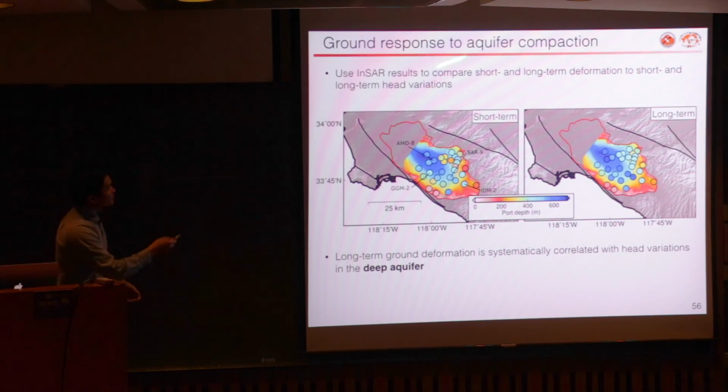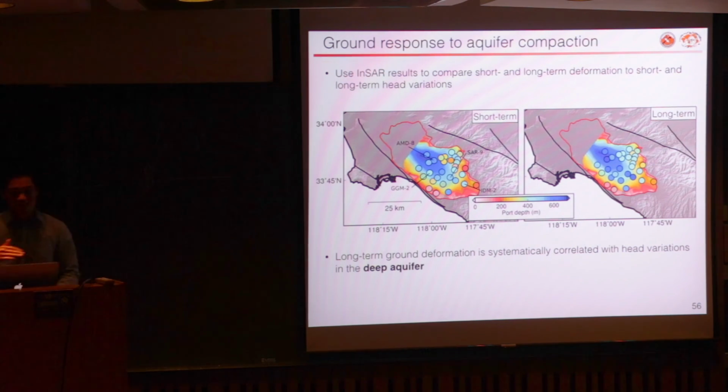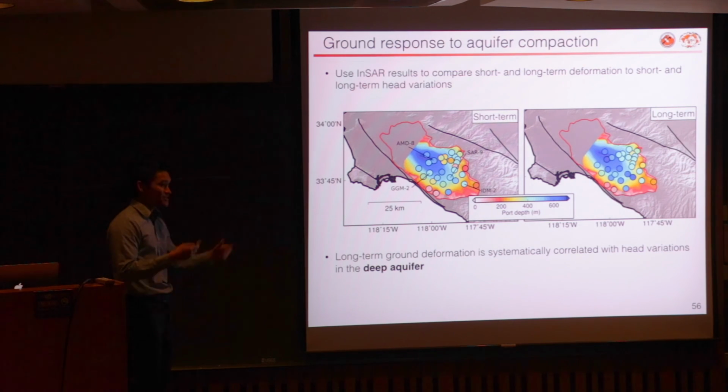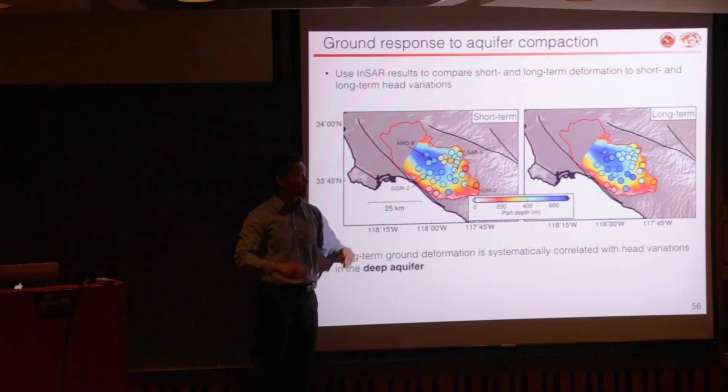So lastly, I want to remind you that we did this correlation analysis between ground deformation and depth of hydraulic head time series. And we saw for that one station that the depths of maximum correlation were different. So we repeat that analysis with our InSAR data. InSAR now allows us to compare ground deformation to all wells because we have a continuous map.